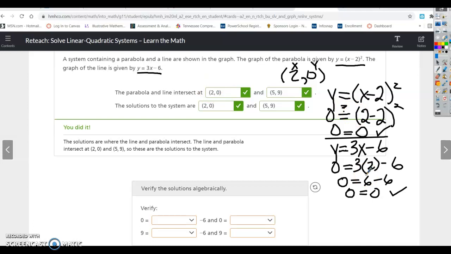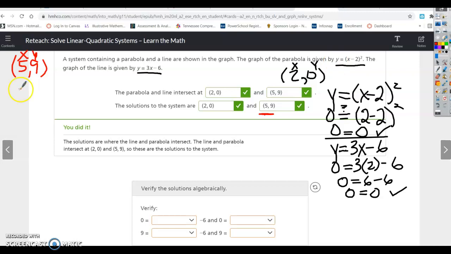Let's do the same thing for the other point. Let's switch over to red here. Let's check 5, 9. Again, 5, 9 is an x and a y. It's important that you plug in the right number in the right spot.